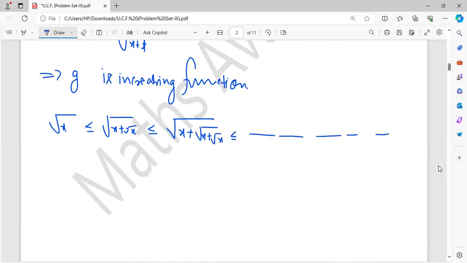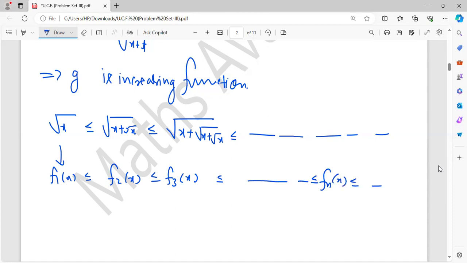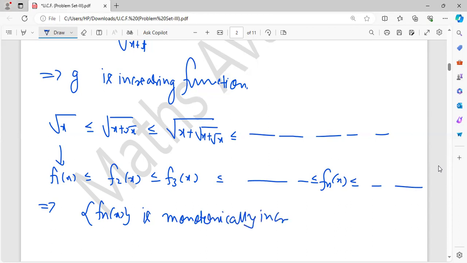This is f_1(x), and this is f_2(x), and this is f_3(x), and so on, and in between, f_n(x) will be. So this implies f_n(x) is monotonically increasing. Okay.